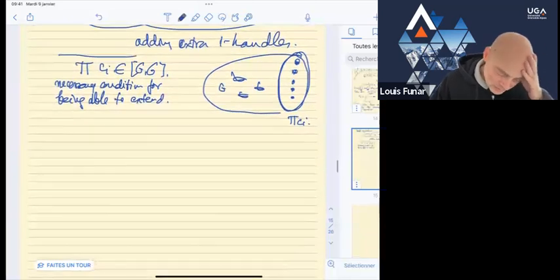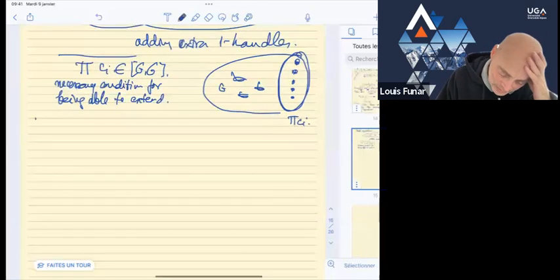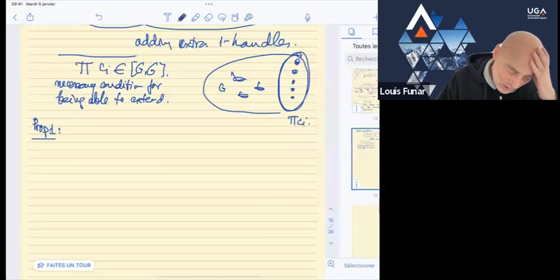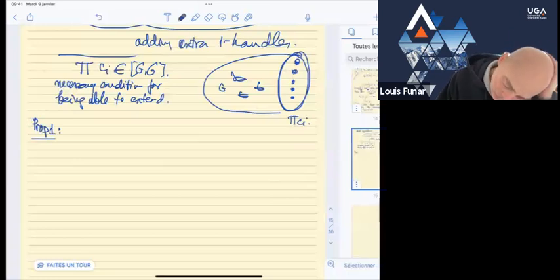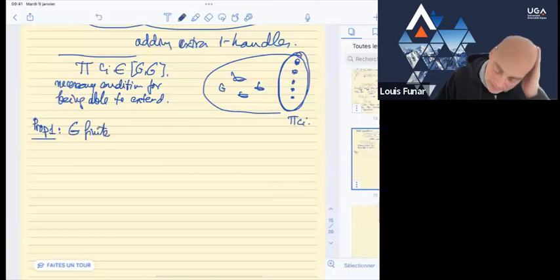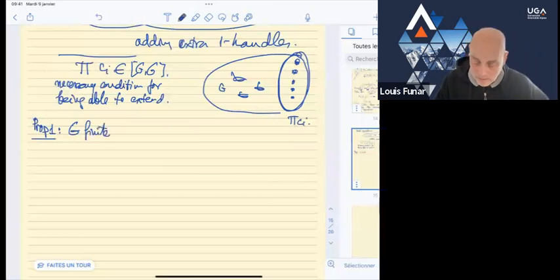So again, let me state briefly how the results should work. In the first proposition, I would say that for finite G, you have an analog of the Livingstone-Zimmermann theorem. Let's say G finite.